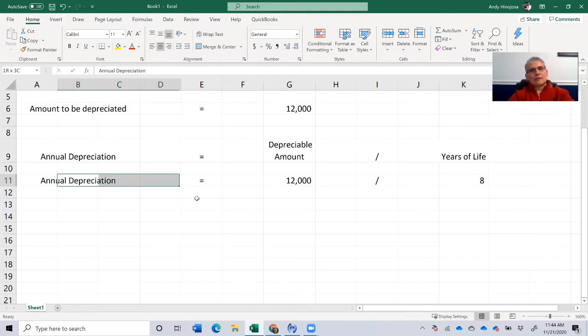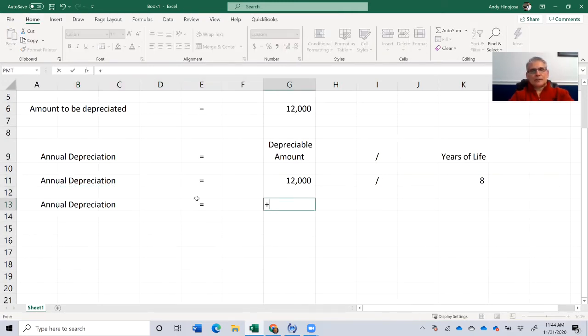So now when we look at the annual depreciable amount, we'll take 12,000 and we'll divide that by 8, and that's going to give us 1,500. So every year we're going to depreciate this trailer $1,500. After 8 years, we will have depreciated it $12,000.